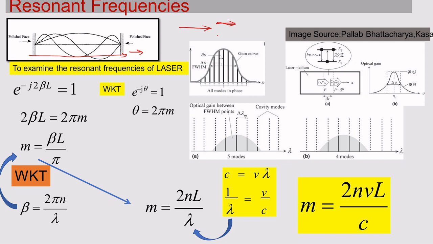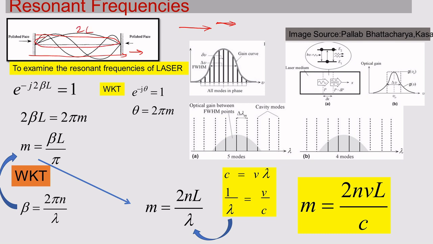To achieve that condition, one of the important conditions is e power minus j2 beta L equals 1. Here beta is the propagation constant, L is the length of the cavity, and we know that one round trip of the cavity, back and forth, is 2L.